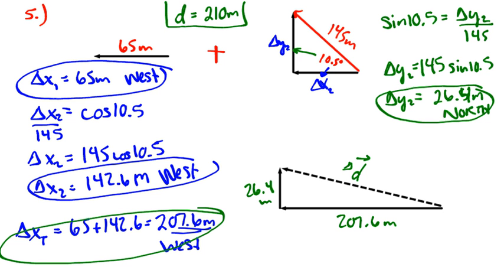So 26.4 squared plus 207.6 squared. Take the square root of that, you get 209.3 meters.